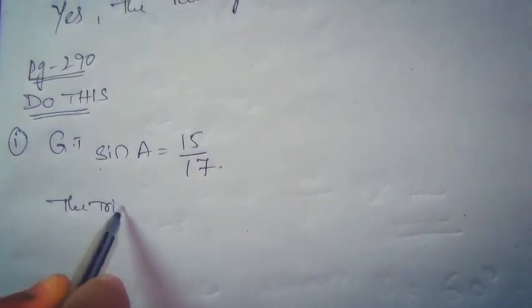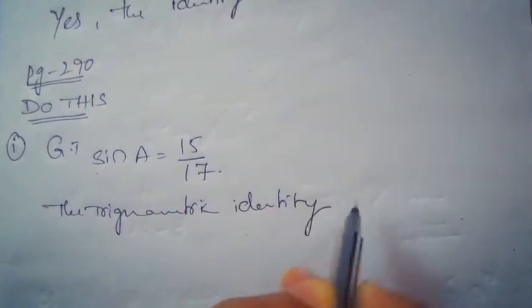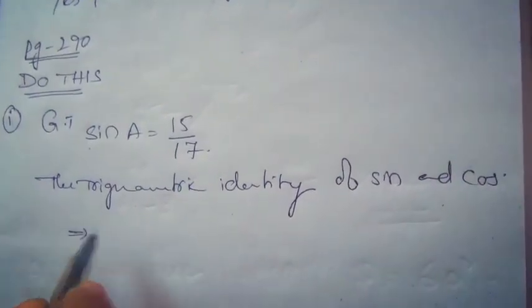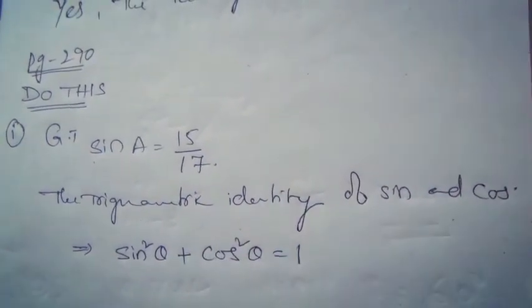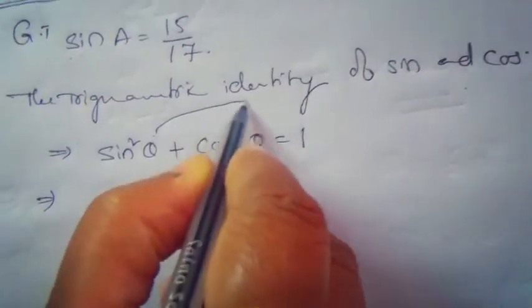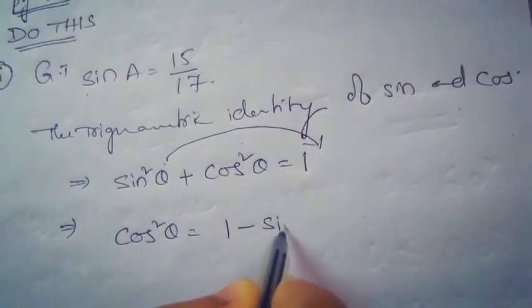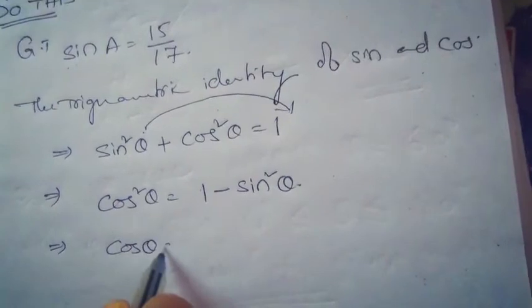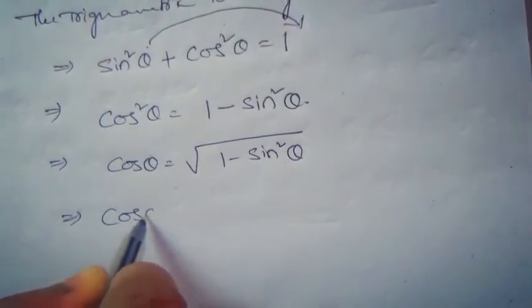The trigonometric identity of sin and cos is sin square theta plus cos square theta is equal to 1. We know that, that is the first identity. So cos square theta is equal to 1 minus sin square theta. That implies cos theta is equal to square root of 1 minus sin square theta. So we have to find cos theta.